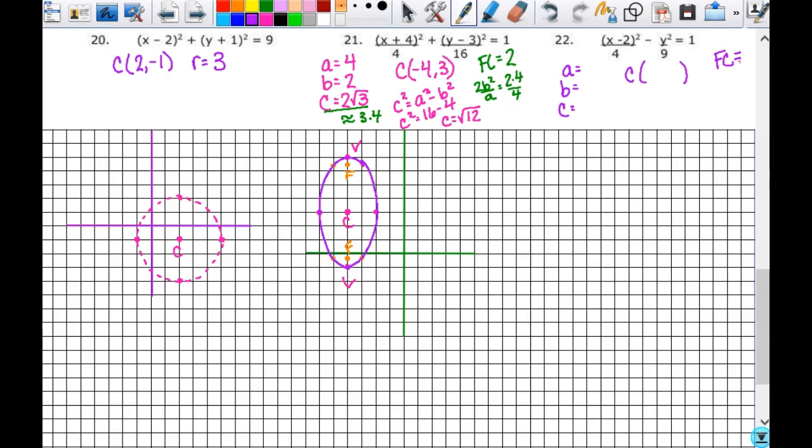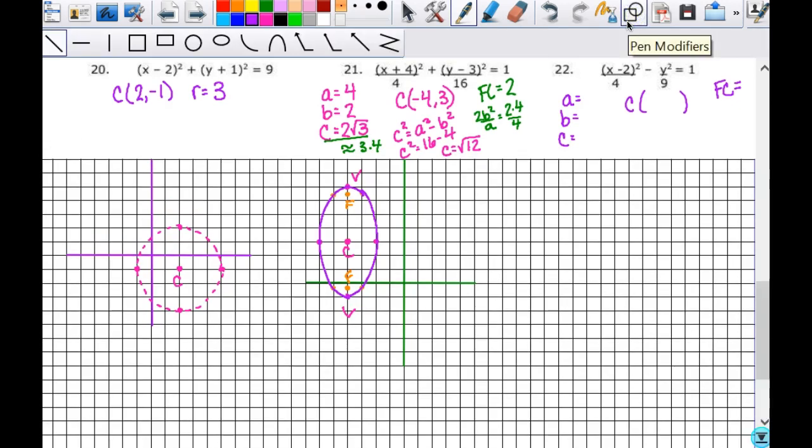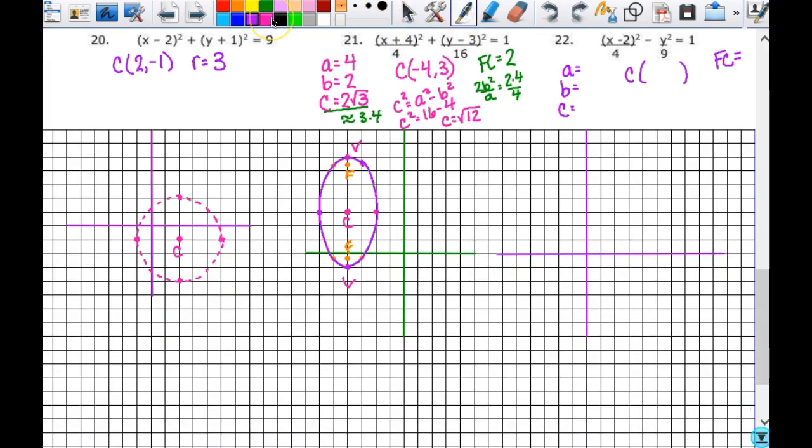So let me get my axes in here. My center point is going to be 2, 0.